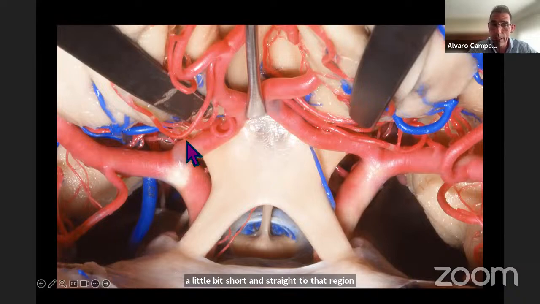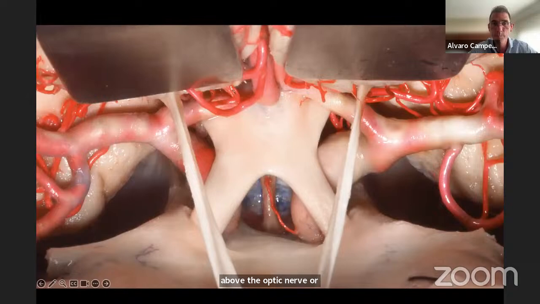If we have a long A1, usually the ACom complex is above the optic nerve or the interoptic space. We can see other specimens with a similar view, right and left optic nerve, chiasm.